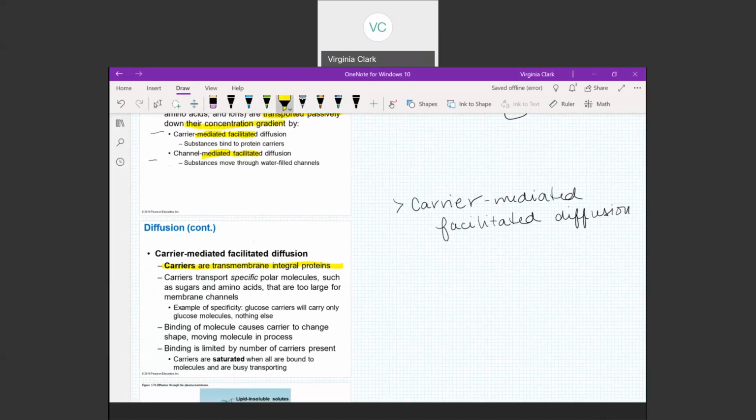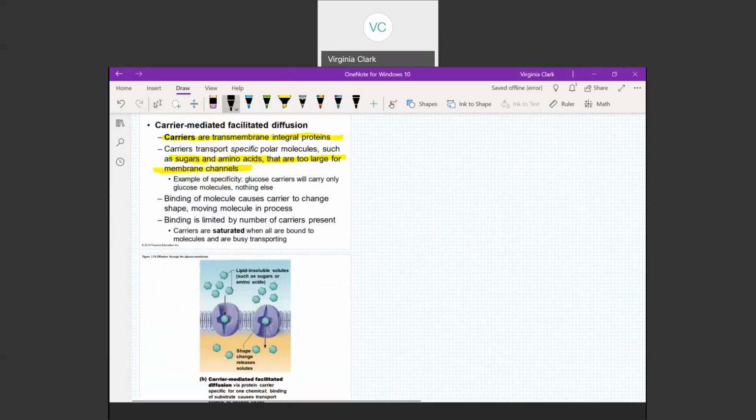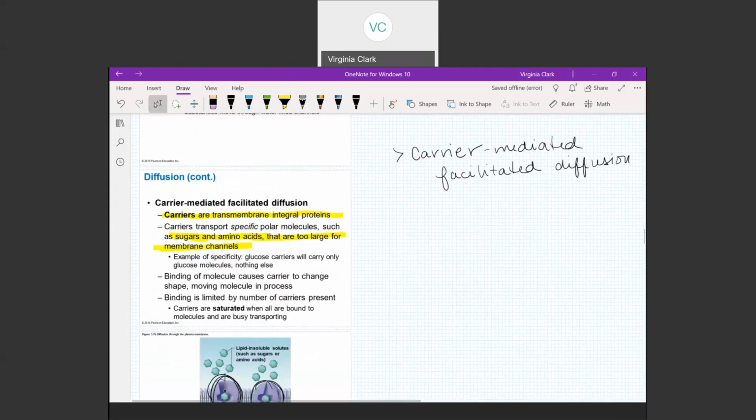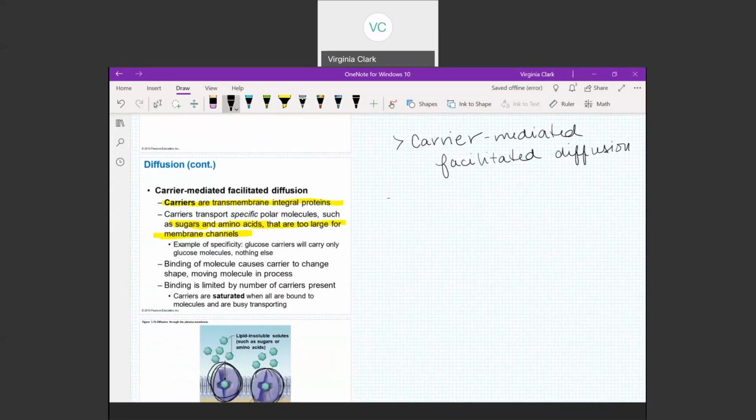These like specific things such as sugars or amino acids that are too large for the membrane channel. Here's your little image down here. Here is my carrier protein, which essentially transports the molecule across.